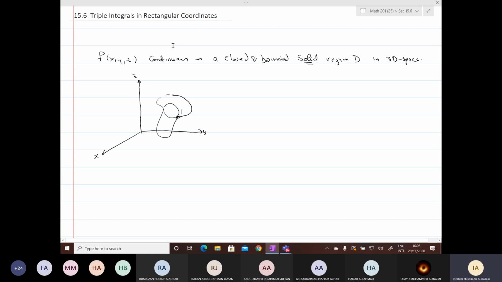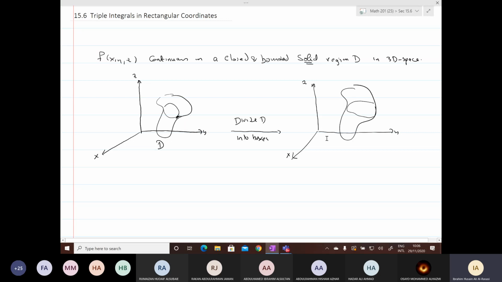How to do the Riemann sum? This is the solid D. You take the solid D and divide it into boxes. This is x, and this is y, and this is z, and this is D, the solid.